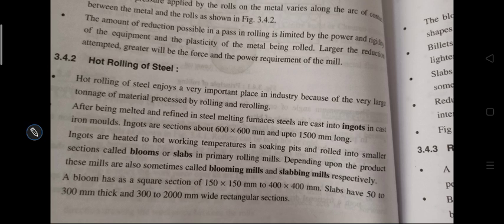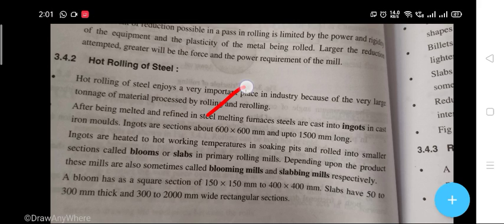After being melted and refined in the steel melting furnace, steels are cast into ingots, as in this diagram, in cast iron molds. Ingot sections are about 600 by 600 mm and up to 1500 mm long.